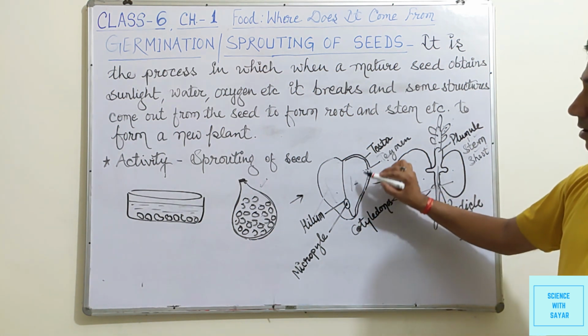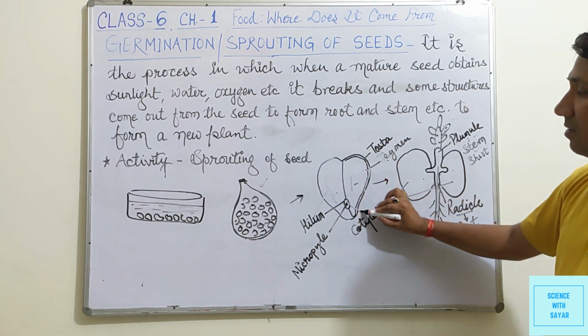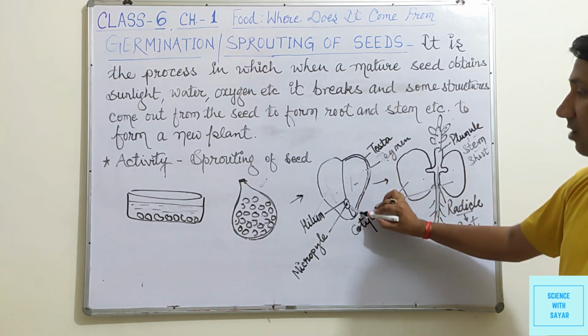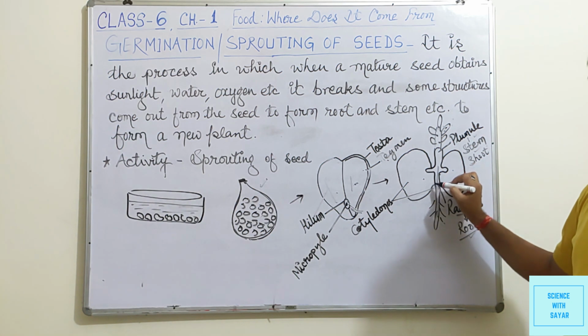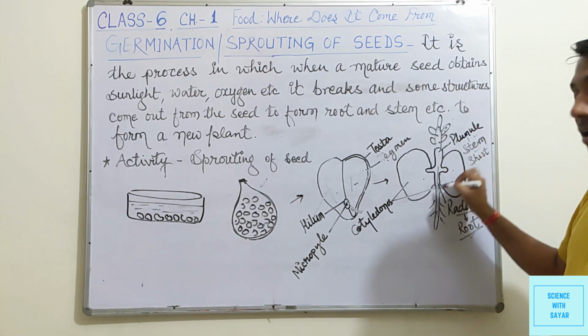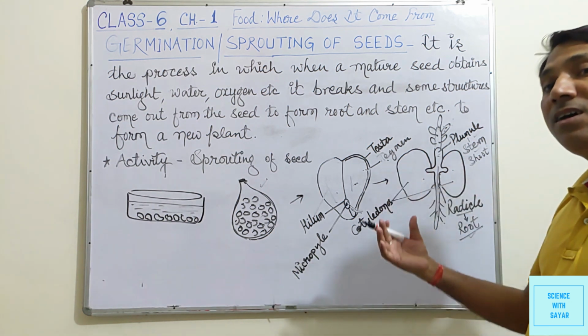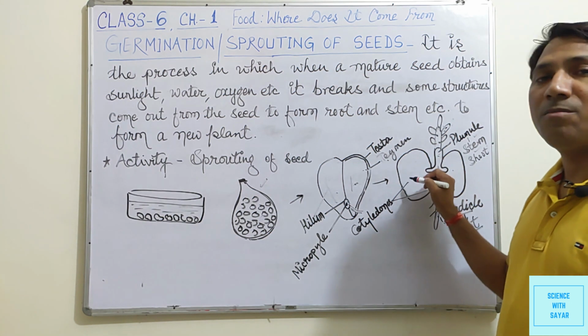And so after that, on the third day, we can see that from this pore, this type of structures come out. These may be whitish or greenish structures which are coming out from the seed, and now the seed is broken down.